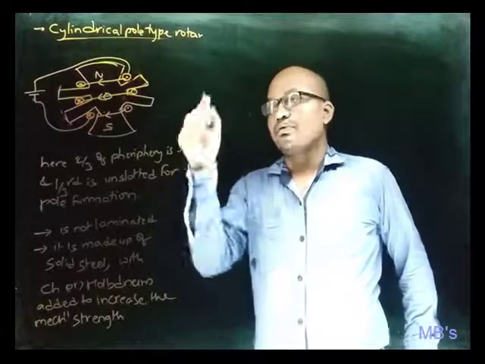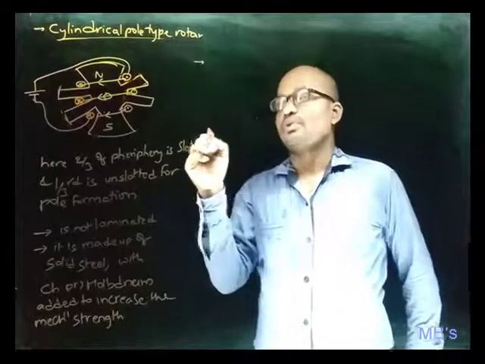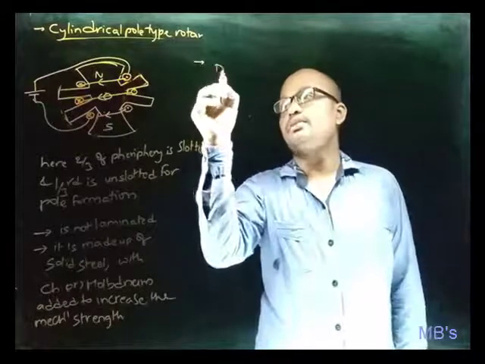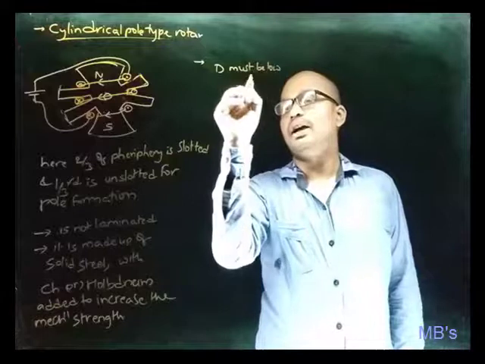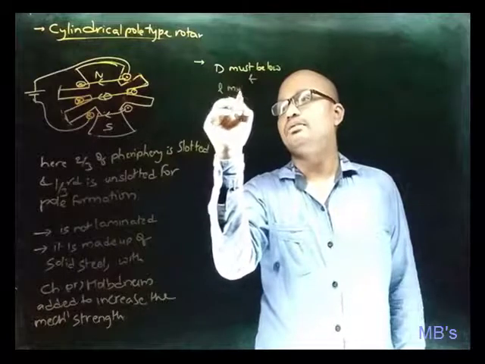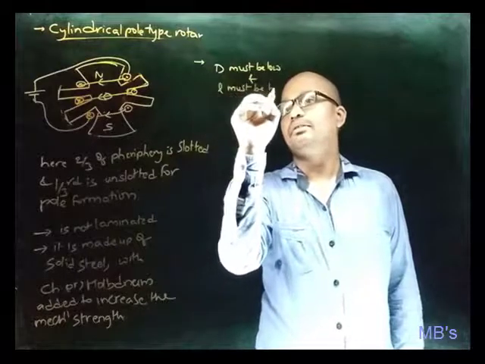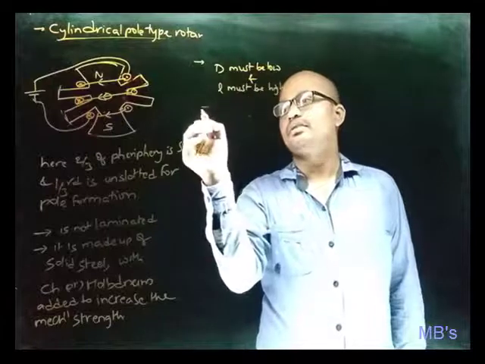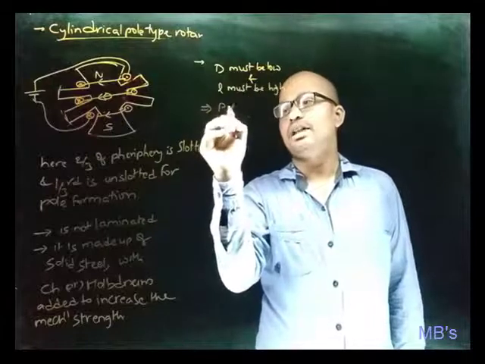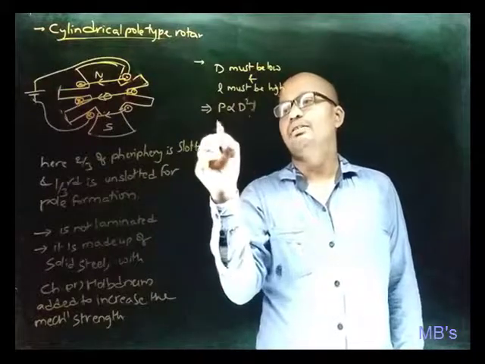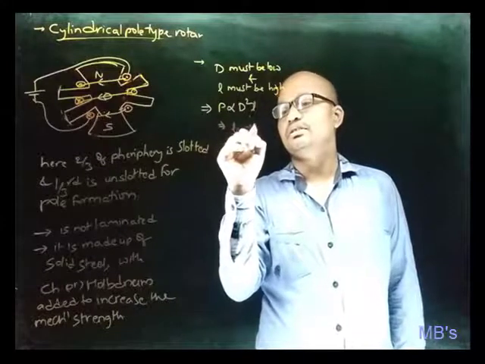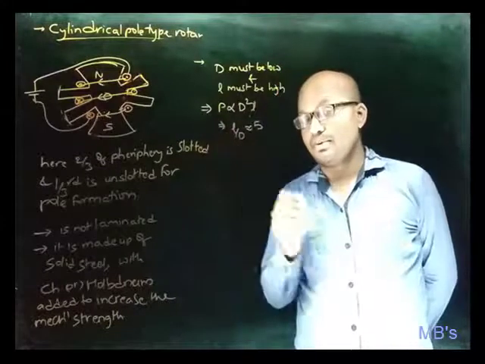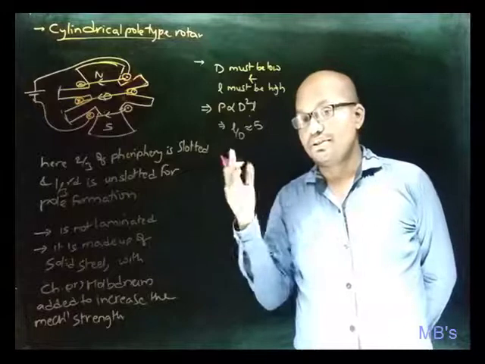So from the design consideration point of view, D must be low and L must be high, which implies, as P is directly proportional to D square L, that L by D ratio must be 5. Here this cylindrical pole type rotor is not laminated. Why?